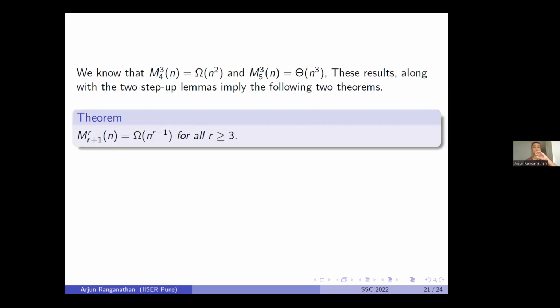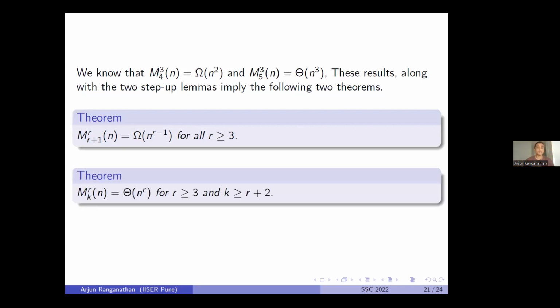And we talked a little bit about this because M43(n) is big omega n squared, M54(n) is big omega n cubed, M65(n) is big omega n to the 4, and so on. And the other thing is that M(k,r)(n) is big theta n to the r. It attains the upper bound n to the r, which is what we really wanted.